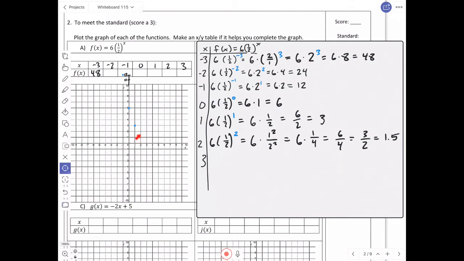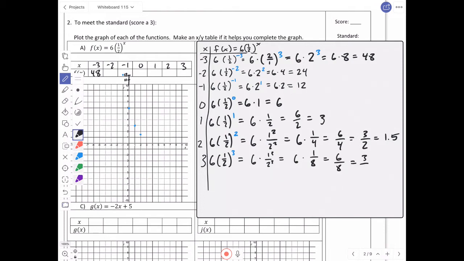The last one: 6 times 1/2 to the third power is 6 times 1 cubed over 2 cubed, which is 6 times 1/8, which is 6/8, or 3/4, or as a decimal, 0.75.